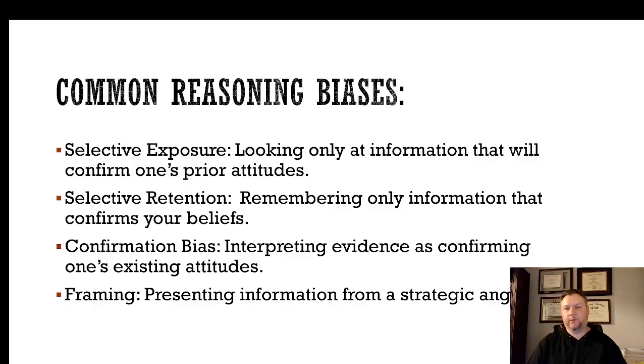So you have selective exposure, selective retention, some of the most common ones. Confirmation bias and framing. Okay. So selective exposure and selective retention. Selective exposure: looking only at information that will confirm one's prior attitudes.